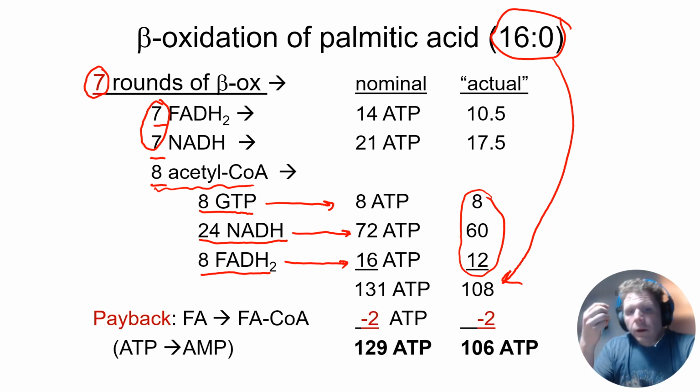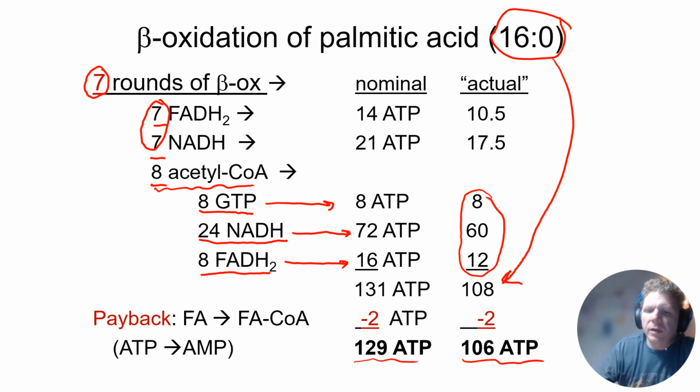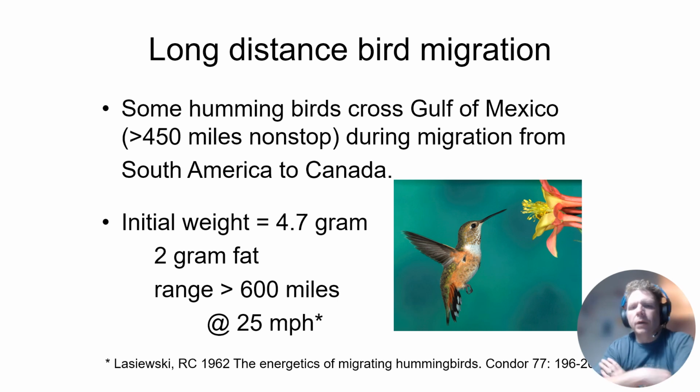Now, the fatty acid to fatty acyl-CoA, just to get the wheels turning, we have to invest a pair of ATP, so that's minus 2 ATP, and we get to 129 and 106 ATP respectively. Okay, now to put things into context, that's a ton of energy.